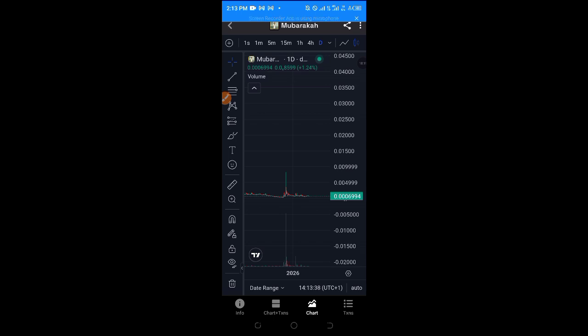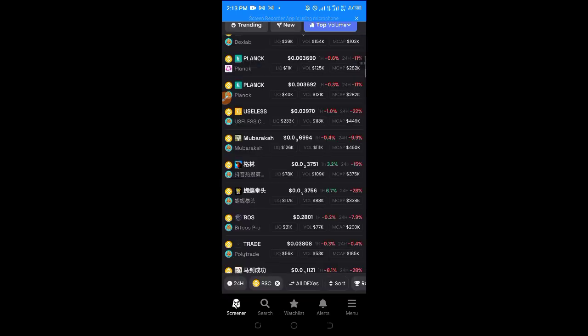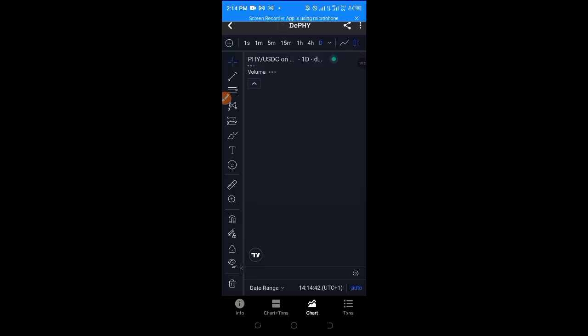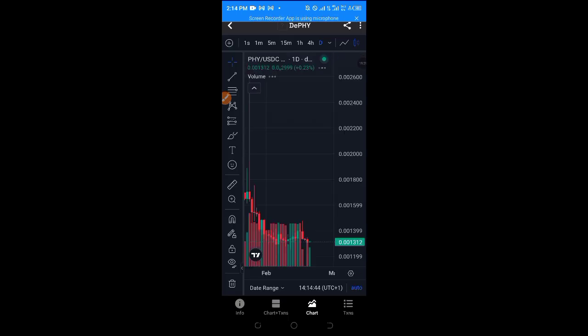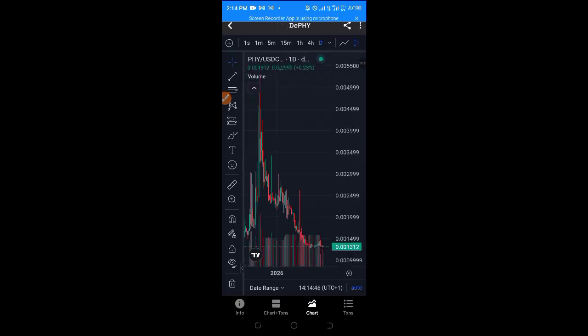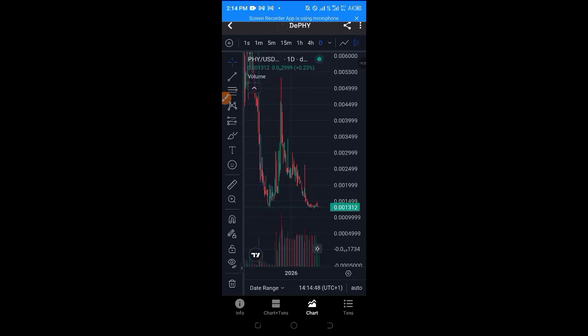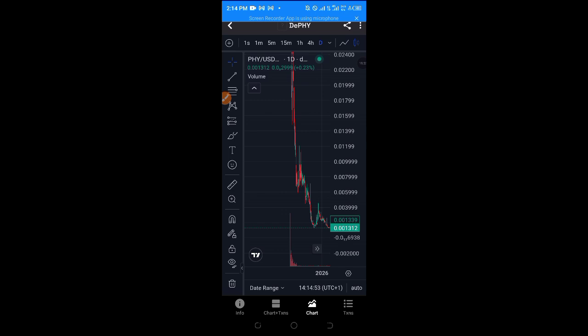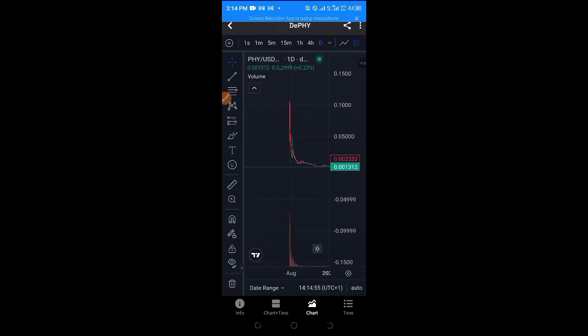Let me show you something else. Now take a look at this chart. I think this is a perfect chart for what I was saying earlier. Look at where this chart was launched.